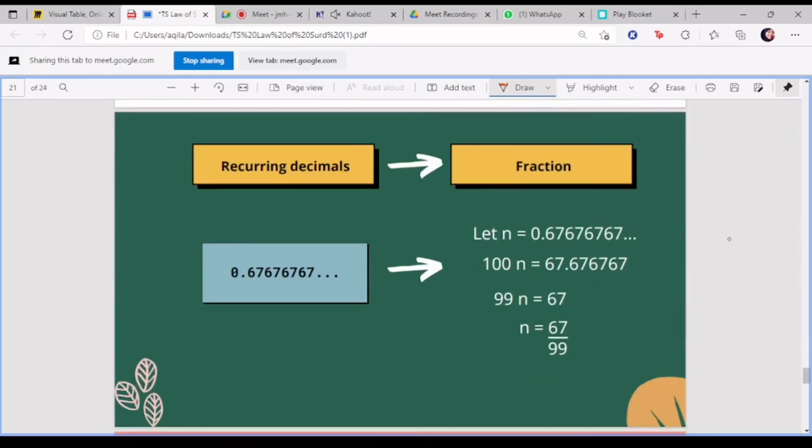So, lastly, we are going to learn how to convert recurring decimals into fractions. From your prior knowledge just now, you said that a rational number can be converted into a fraction, right? Yes. So, what do you truly understand about rational numbers?